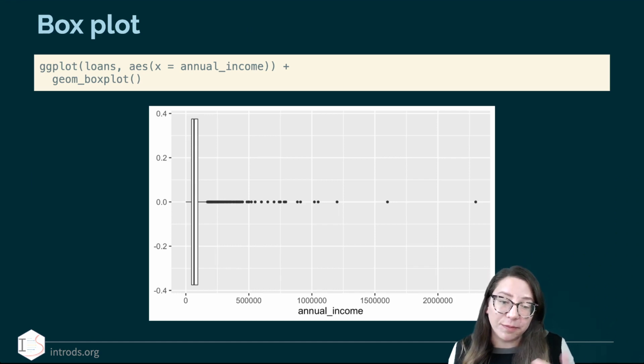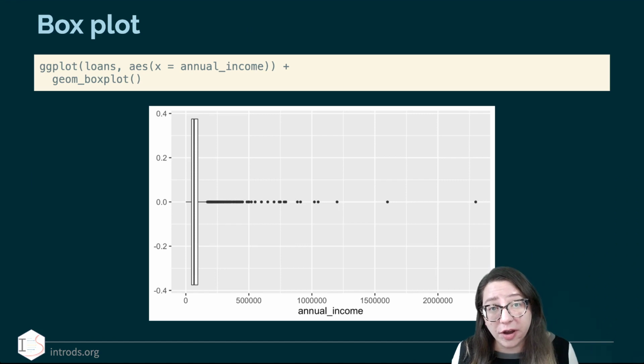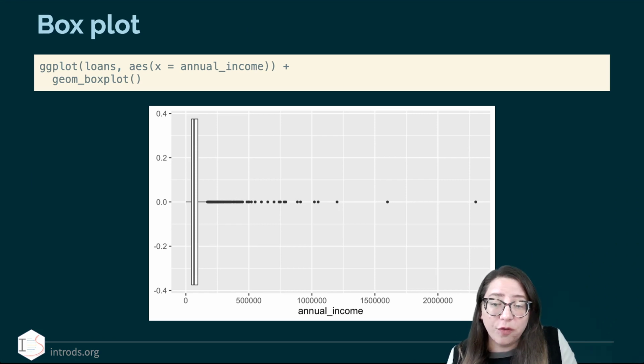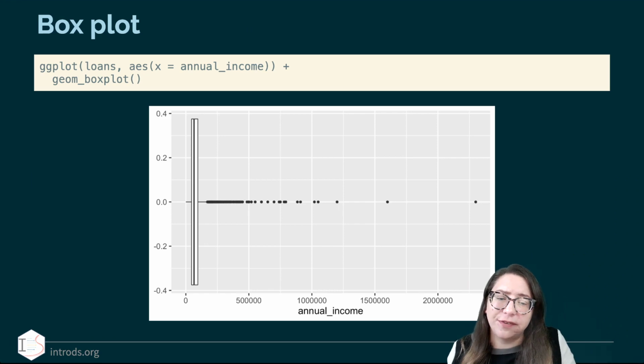We have some people who are making a lot higher income than others, but those are few and far between, versus a lot of the people make around the median income. So we can see over here that the majority of our data is squished at the lower end, but we have this really, really high tail, and we can identify some of our extreme outliers.